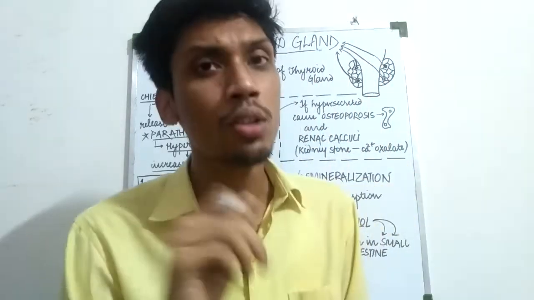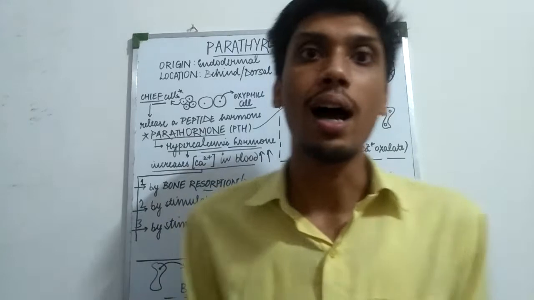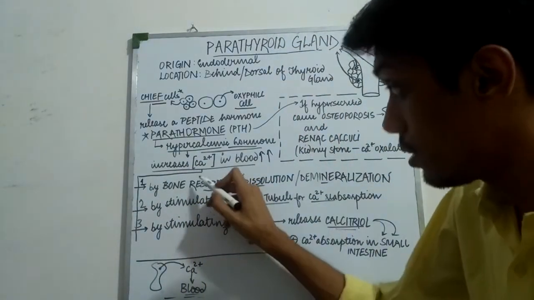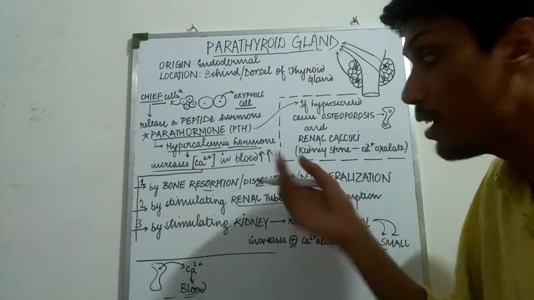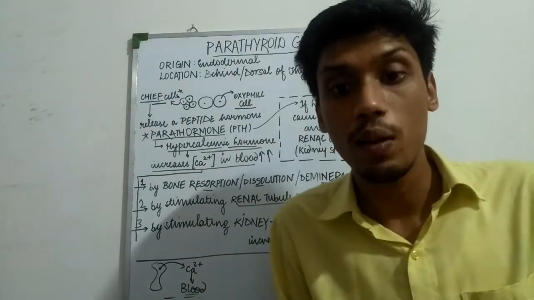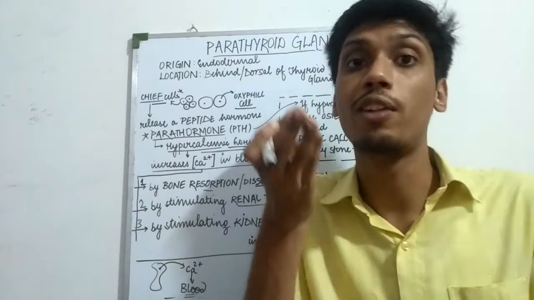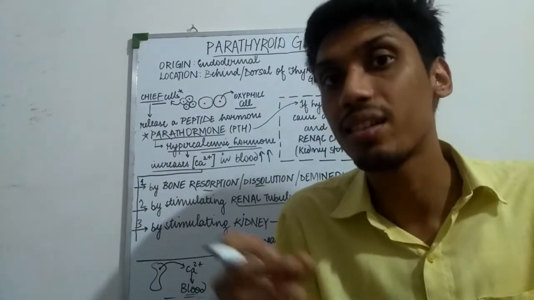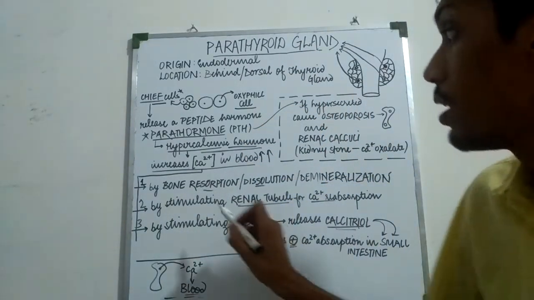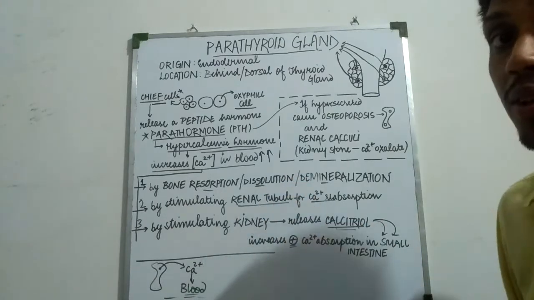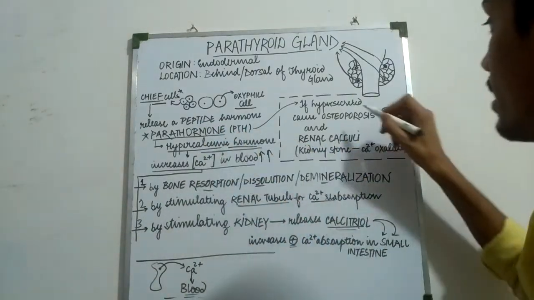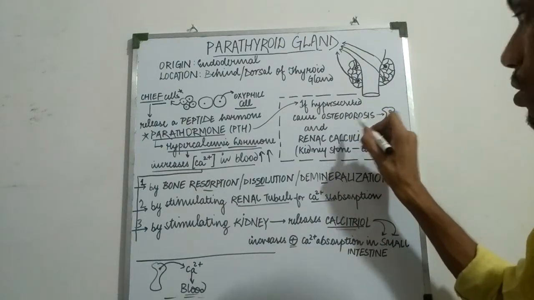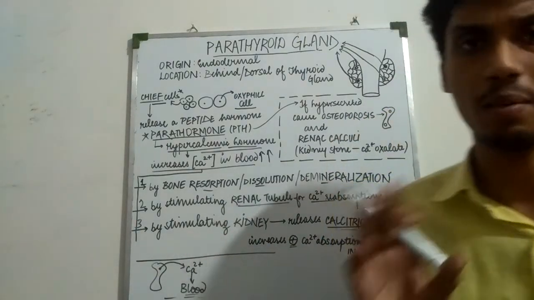If there is hypersecretion, these three things will be continuously increasing, and if anything increases above the limit, it will start destroying things. If bone reabsorption continuously takes place under the influence of parathyroid hormone, then this hypersecretion will lead to osteoporosis.